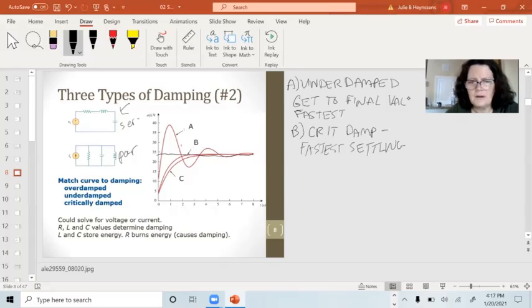And C is slower. But C has the benefit, and it's called overdamping, it has the benefit of the best stability.